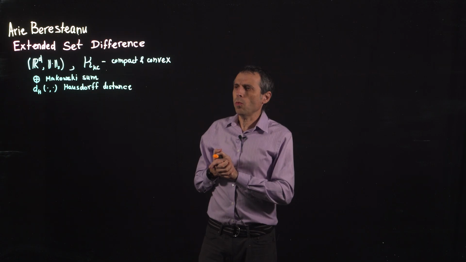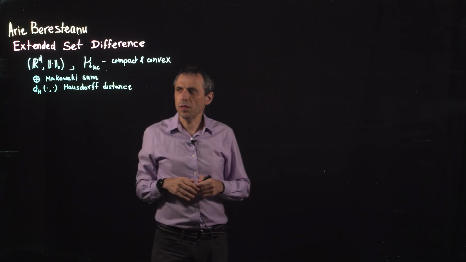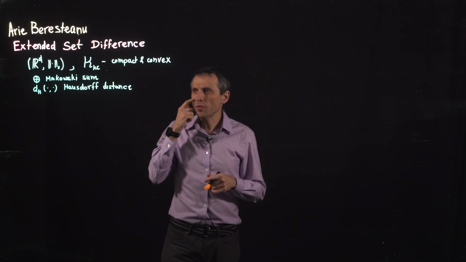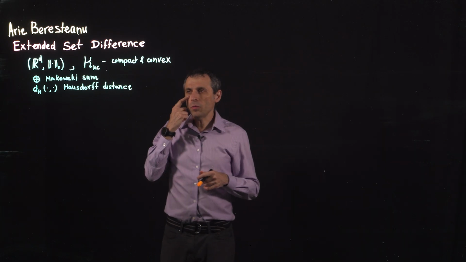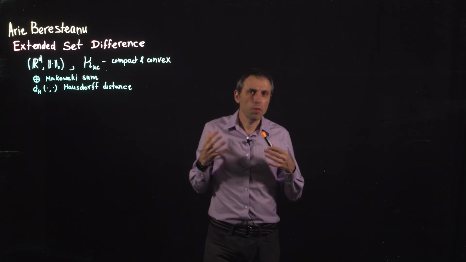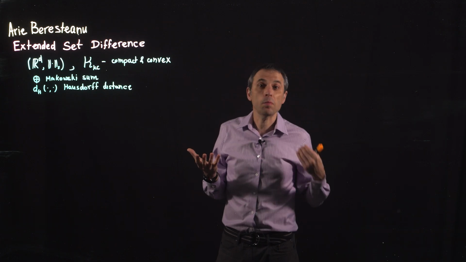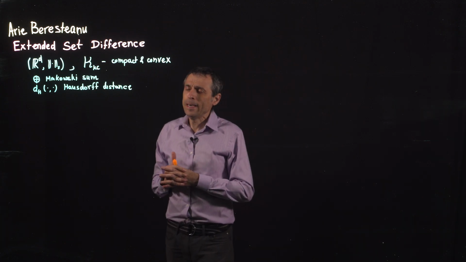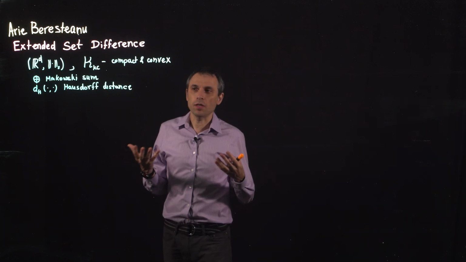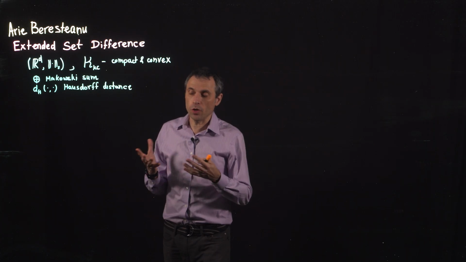Going back to the Minkowski sum, we had a definition of the summation, and we are interested in thinking about an operation which is a difference, a subtraction. The question is, how do we define such an operation?